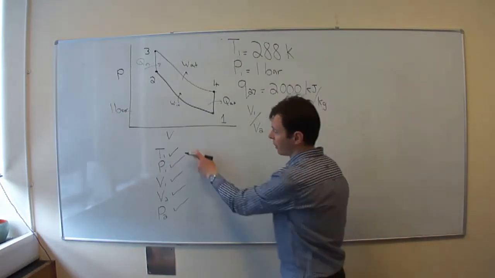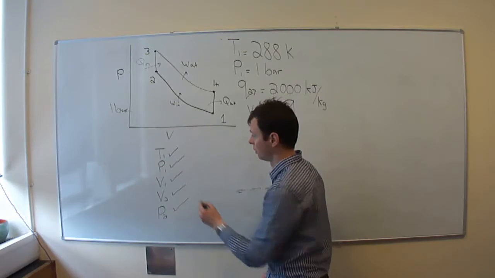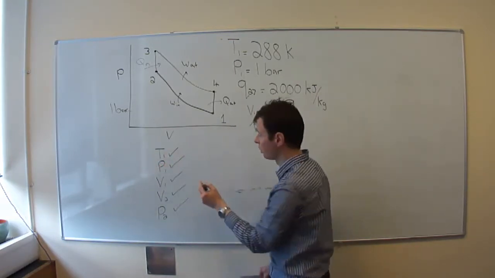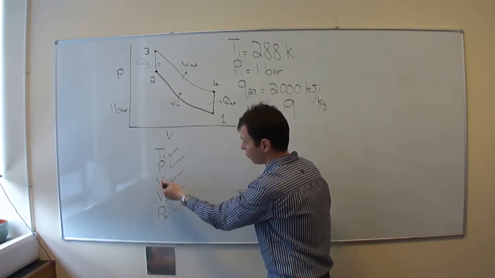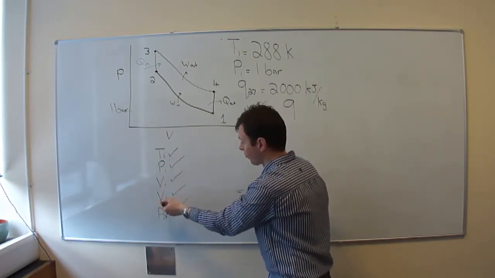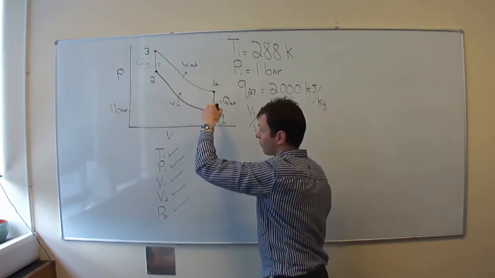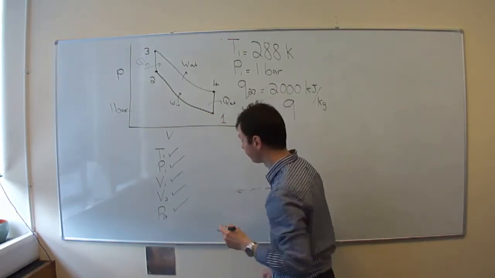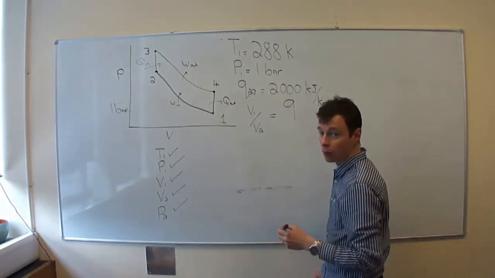Right, okay, I've just written out the properties of state that we've worked out so far. So T1 and P1 given in the question. We worked out V1 through the equation of state, and then the ratio to work out V2. And we worked out P2 with this equation defining an adiabatic process. One thing we need to do quickly is to work out another.